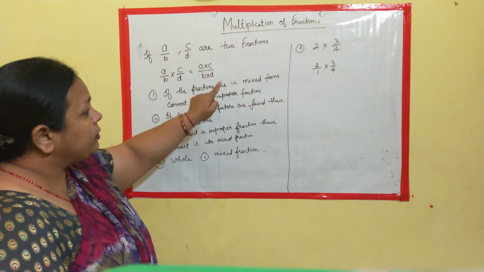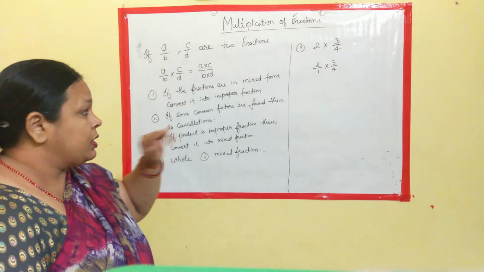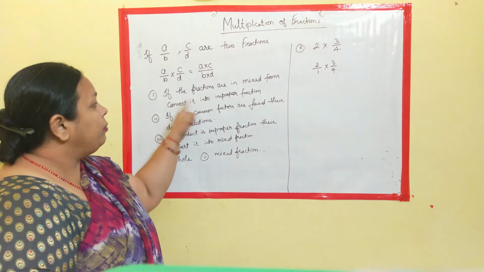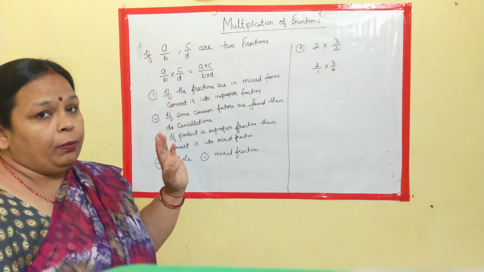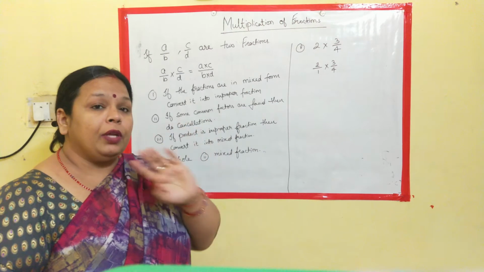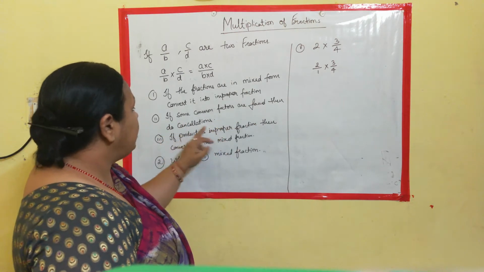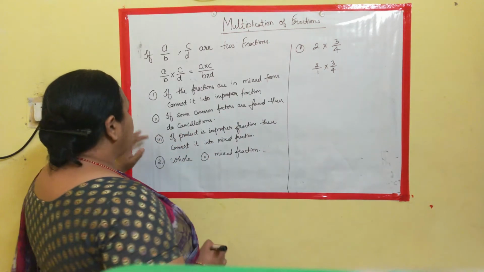It says that simply multiply both the numbers. But the first rule says if the fraction is in mixed form, convert it into improper fraction. So we don't have any mixed fraction here. If some common factors are found, then do cancellation.